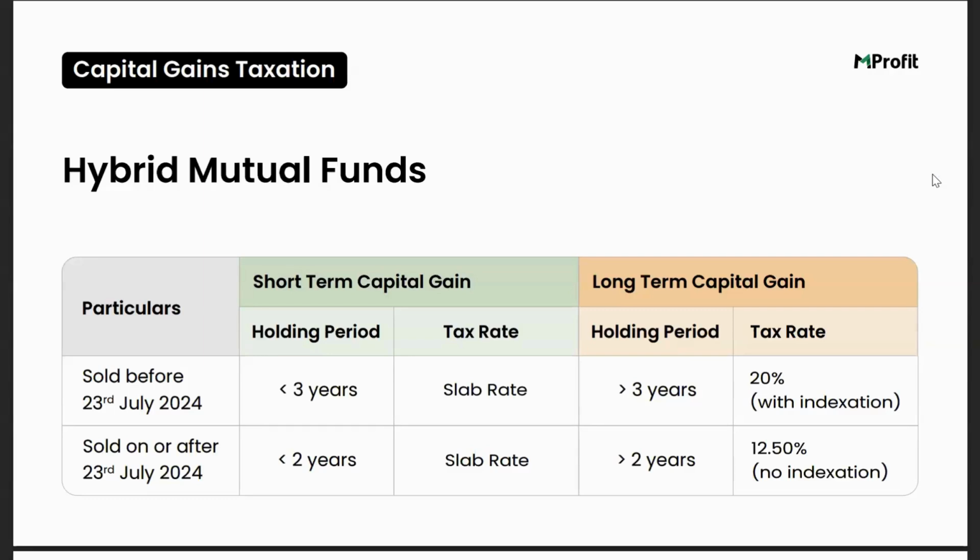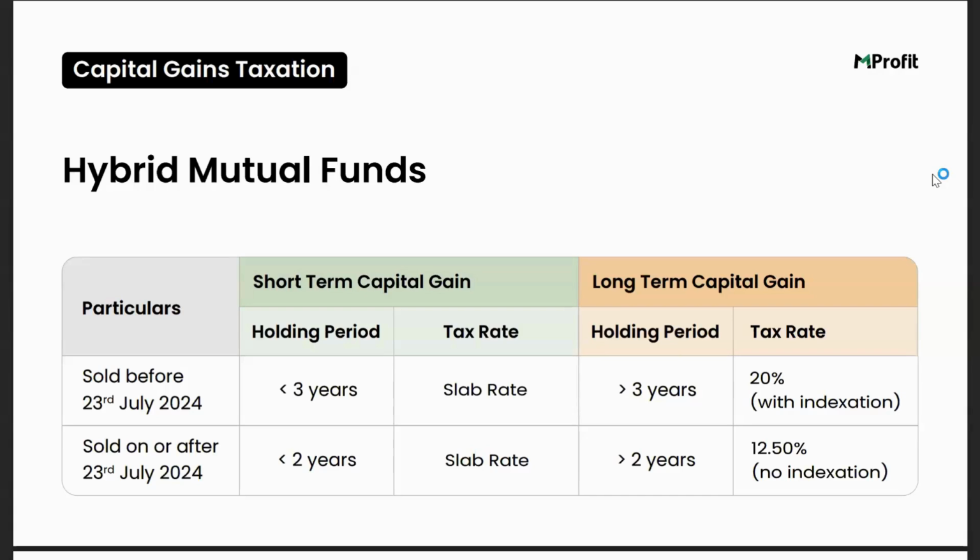So if you are selling a hybrid mutual fund on or after 23rd of July 2024, any sale within 2 years from the date of purchase will be classified as short-term and the tax rate will be the slab rate. That is, the short-term gain will be added to your total income and taxed as per the applicable tax slabs.